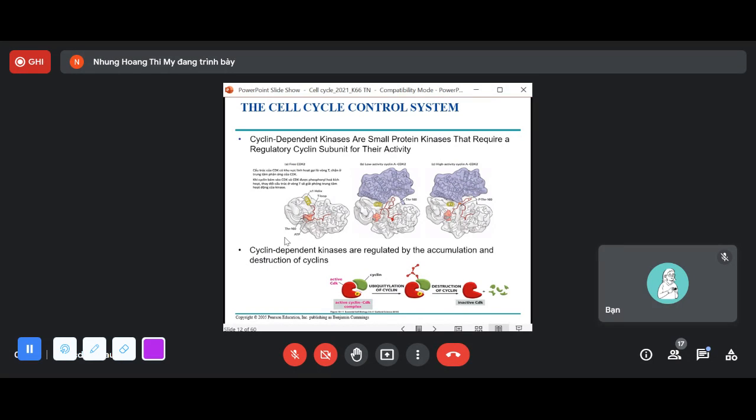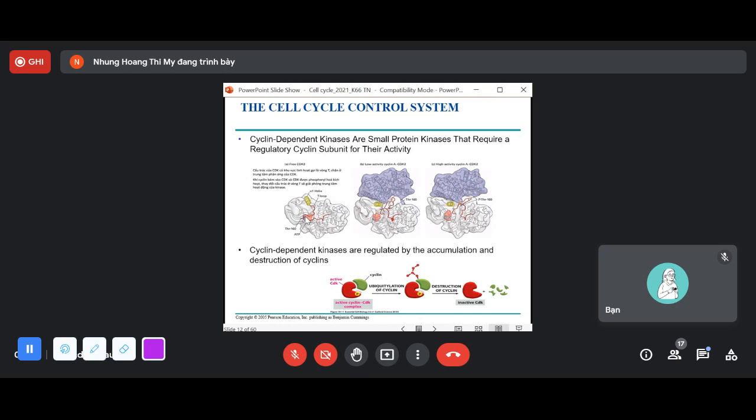But normally, when there is no cyclin, the ATP binding site is covered by a loop, called the T loop. So this T loop covers the ATP binding site of the CDK. Whenever there is a suitable partner cyclin, the cyclin binds to the CDK, and the binding changes the conformation of the T loop.